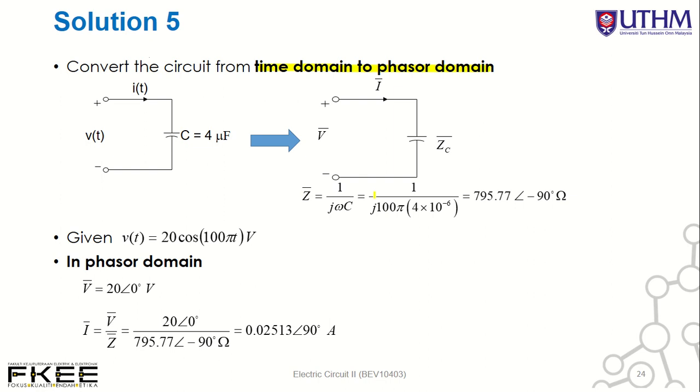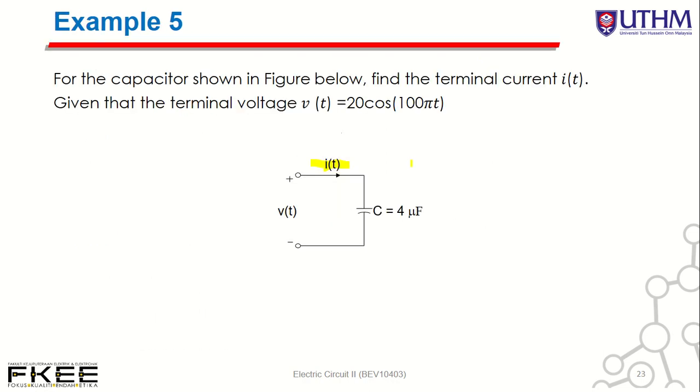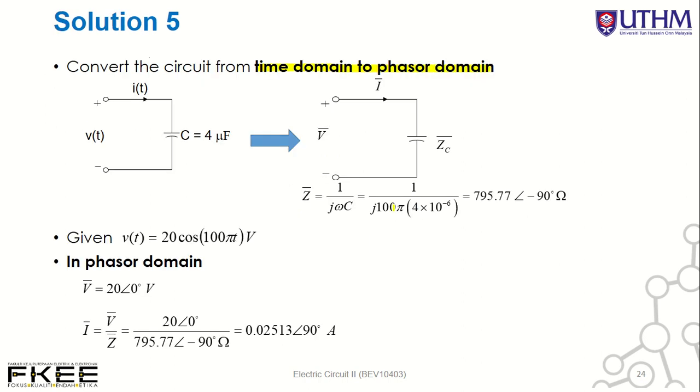Impedance equal to 1 over j omega C, and omega equal to 2 pi f. Omega is given, 100 pi, times C, and then you will get Z, the impedance of C, and given VT, you can convert VT to phasor domain.